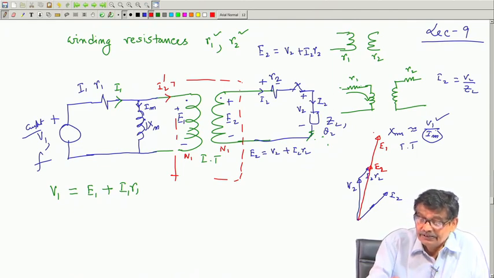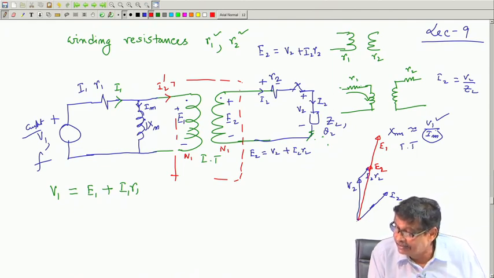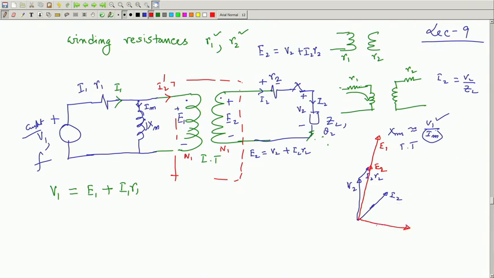Then I know the magnetizing current, which will be 90 degrees lagging, and this current is small. Let me draw it now correctly, Im, small current. Once I know Im and I2 is known, I2 dashed will be this one, here will be your I2 dashed.